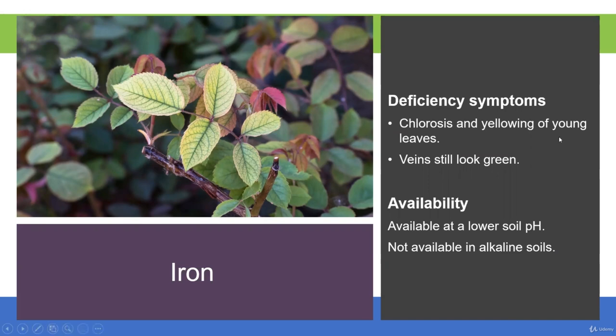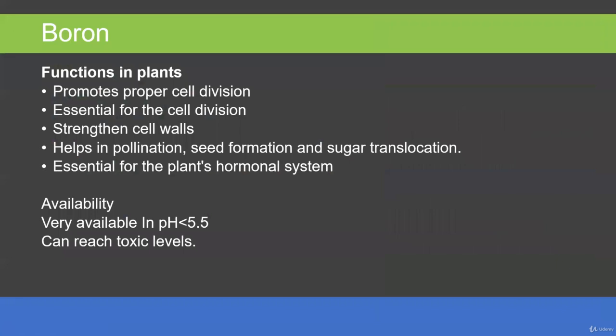Deficiency symptoms are also relatively easy to identify, and they include chlorosis and yellowing of younger leaves, while the veins remain green. Iron is available at a lower soil pH, and it is not available in alkaline soils.